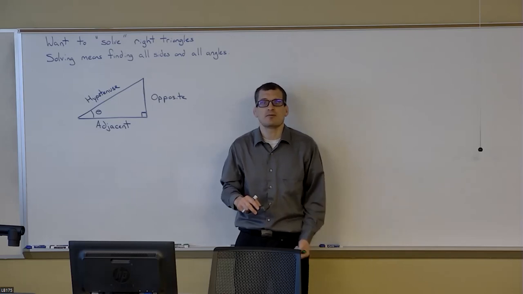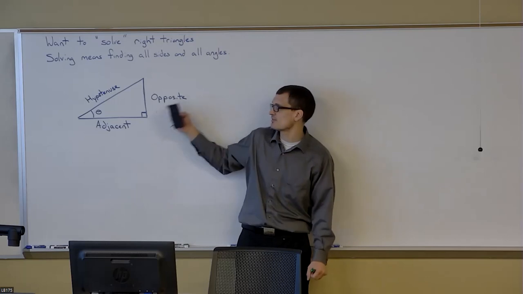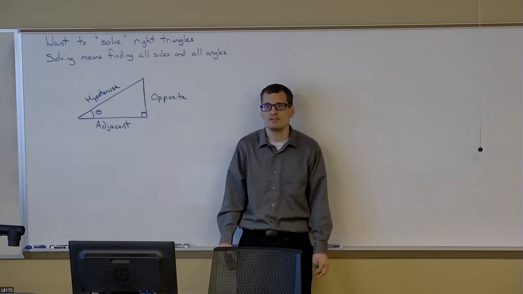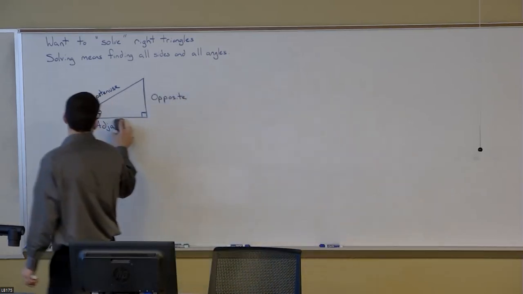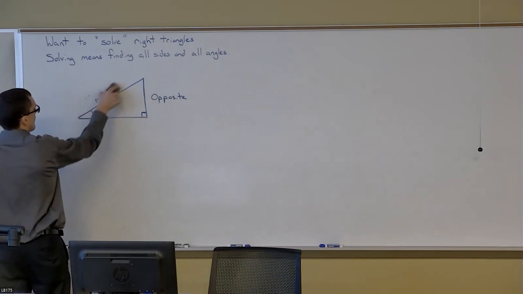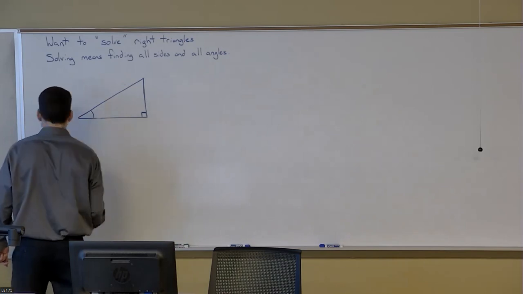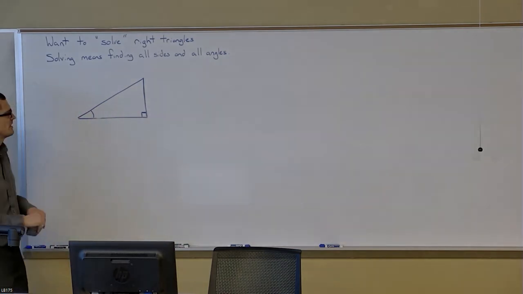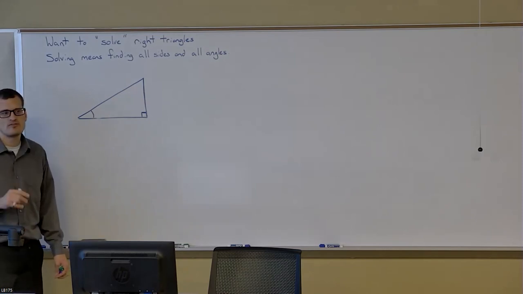Now, the nice thing about right triangles is we always know the measurement of one of the angles, right? The right angle is always 90 degrees. So that one's given to us. We know that one already. And then what we do is we label our right triangle. We don't want to use opposite and adjacent because the words opposite and adjacent are referring to a specific angle.